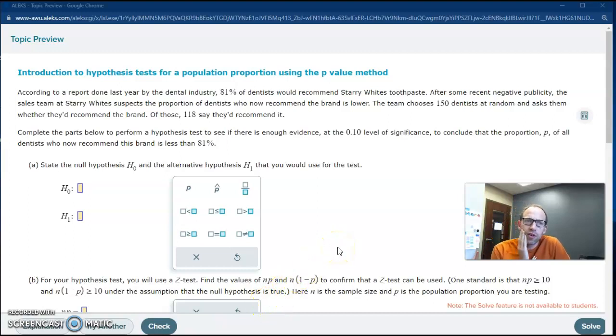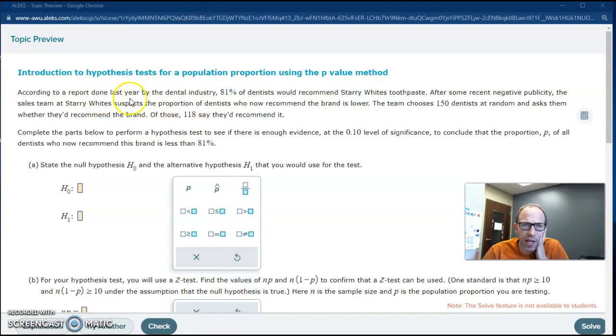There's another video on introduction to hypothesis tests for population mean using the p-value method. That might be a good one to watch first, but I'm going to go through this a little bit more quickly.